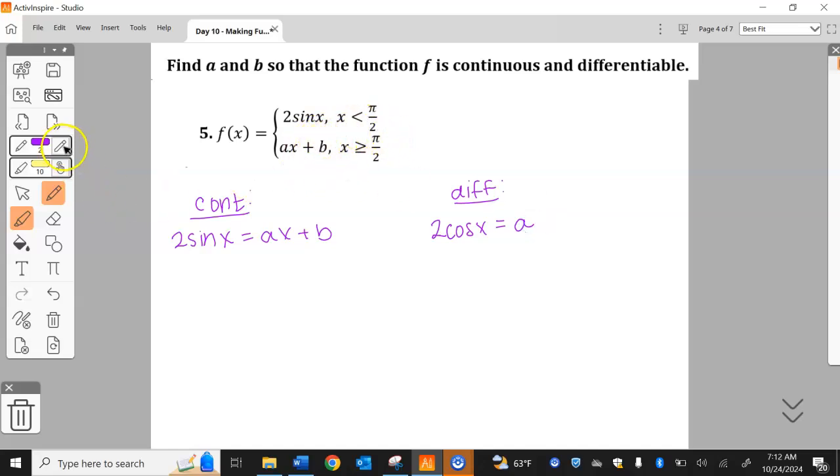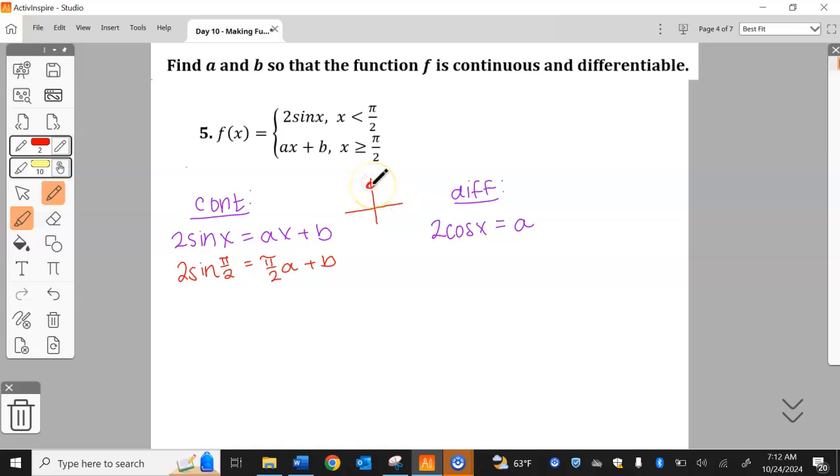Then I can plug in pi over 2 for all of my x's. So this will give me 2 sine of pi over 2 equals a times pi over 2. That'll just be pi over 2a. I can go ahead and evaluate sine of pi over 2.